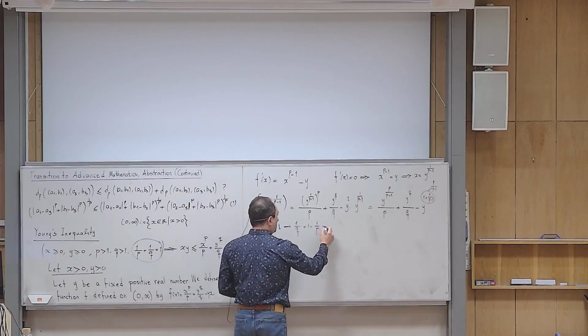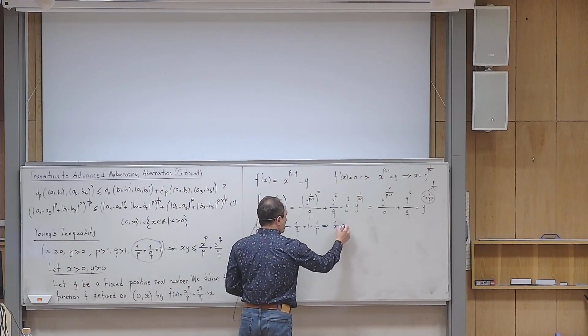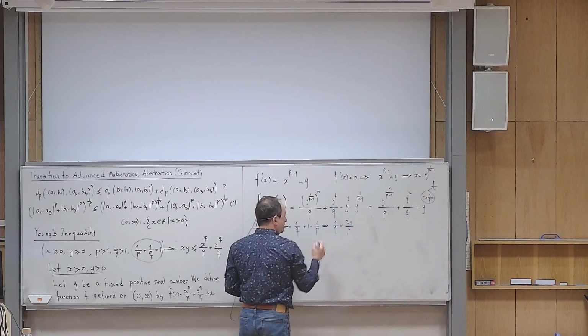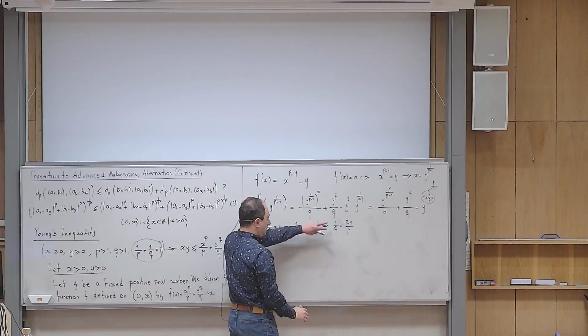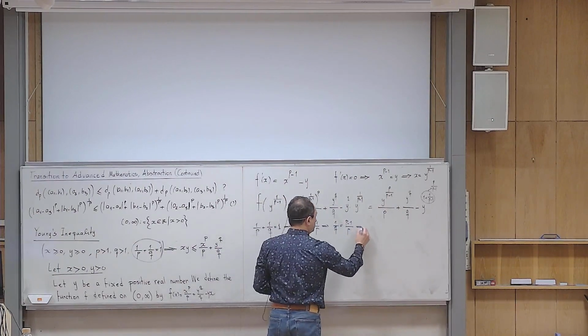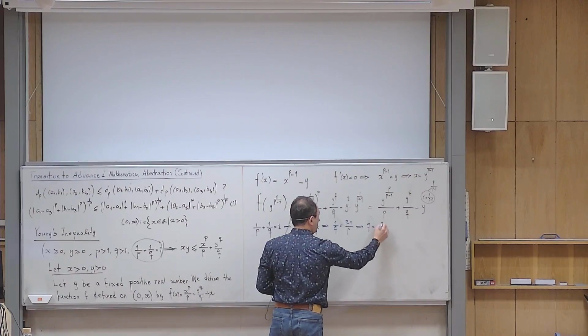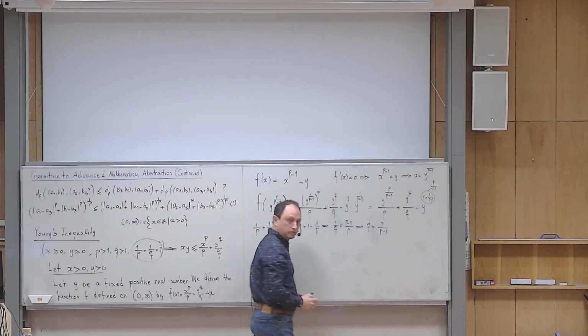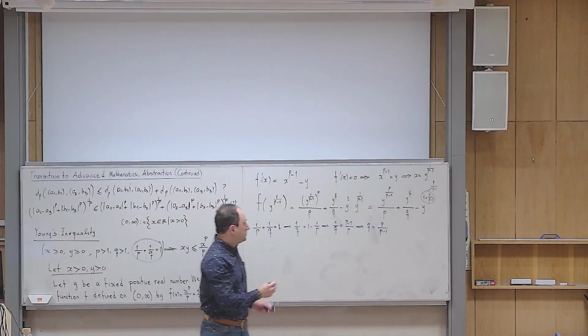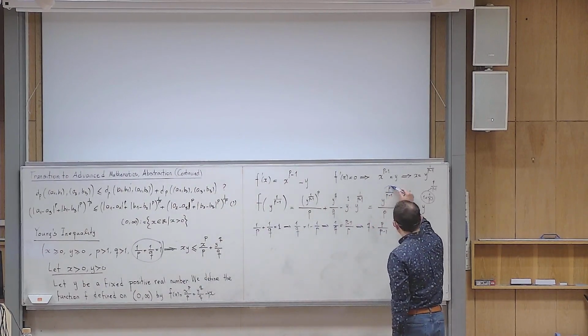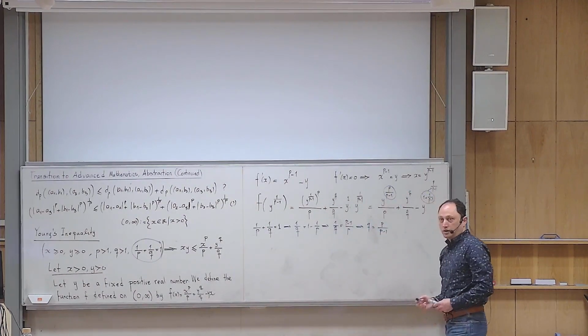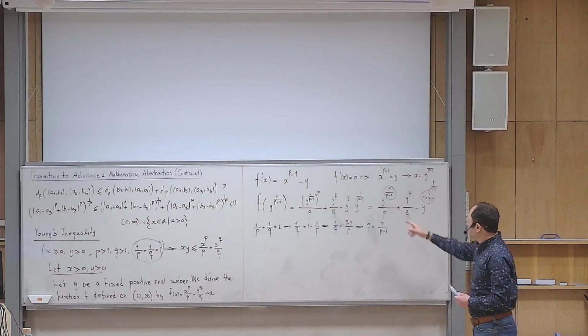If I take the common denominator, this becomes p minus 1 over p. And if I swap these two, q becomes p over p minus 1. So the combination that appears here is actually nothing except q. So I put q there.